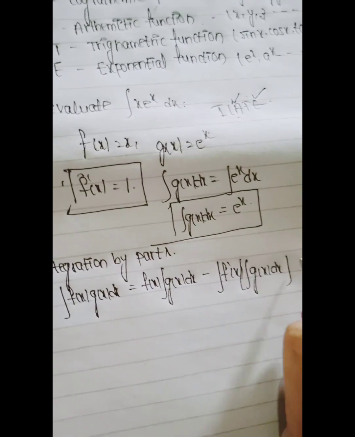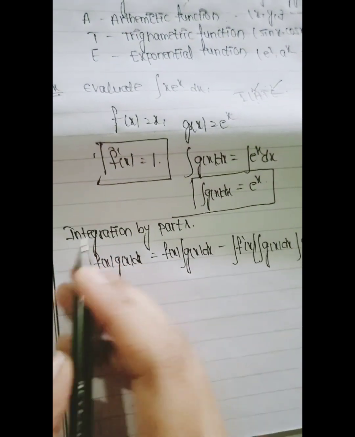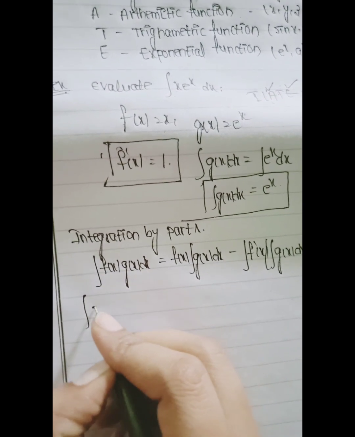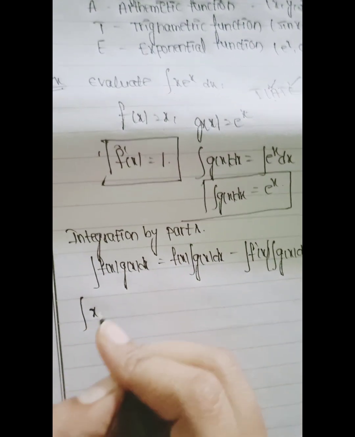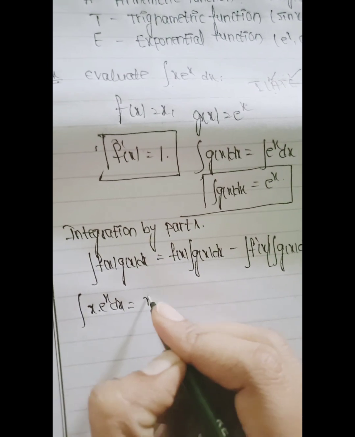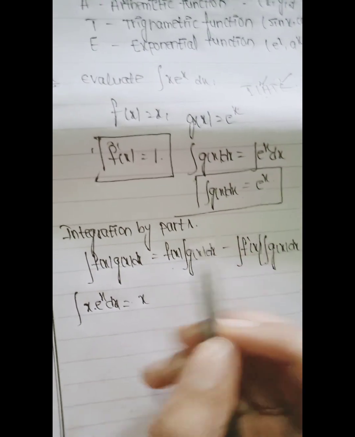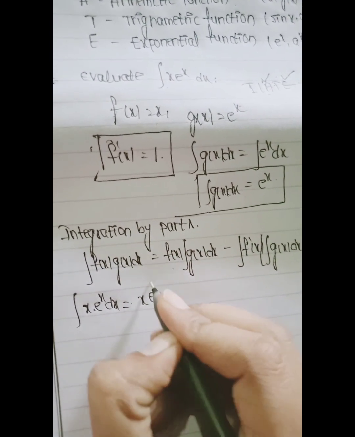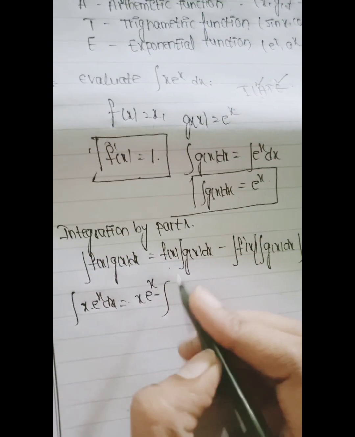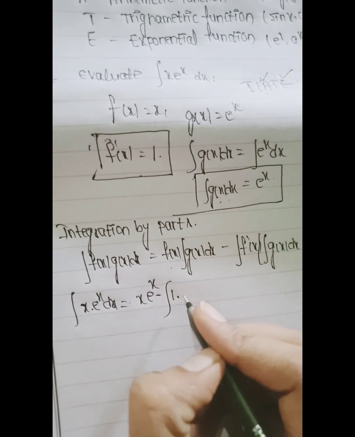Next we substitute the f of x and g of x values. Integral x e power x dx is equal to x into e power x minus integral 1 into e power x dx plus c.